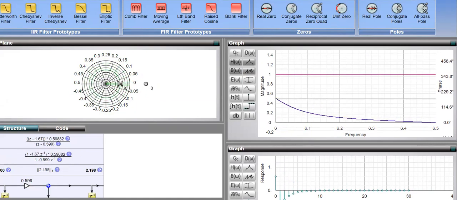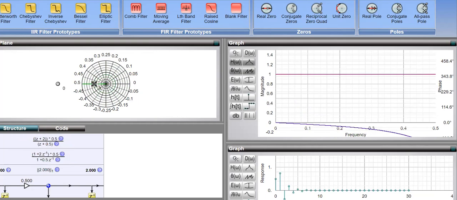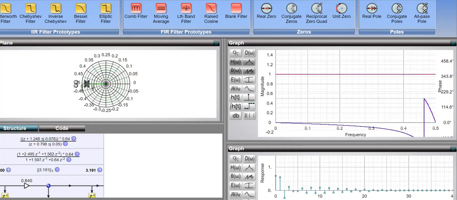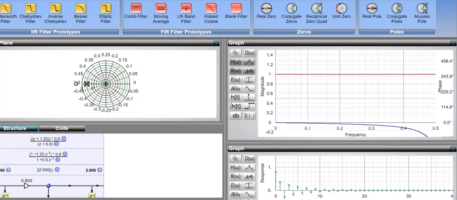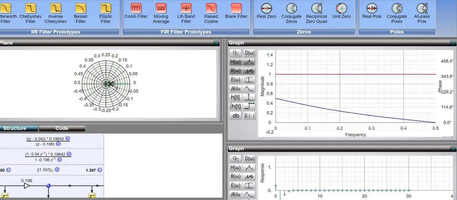If we make real poles, there are real poles and zeros. As you can see, when the pole is very close to the unit circle, the zero is also very close to the unit circle. And yesterday we showed a hypothetical example, and this is exactly the same. So you can design any sort of phase response with this kind of pole.